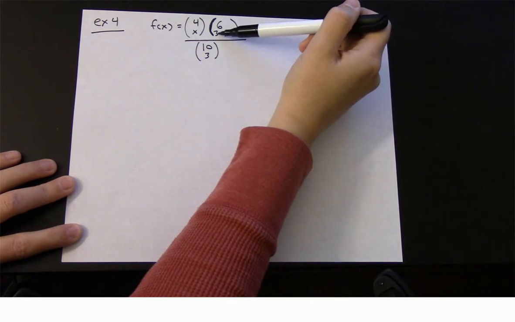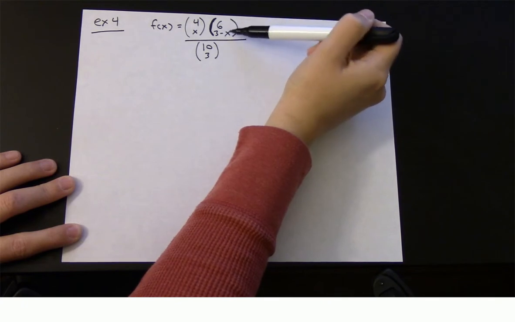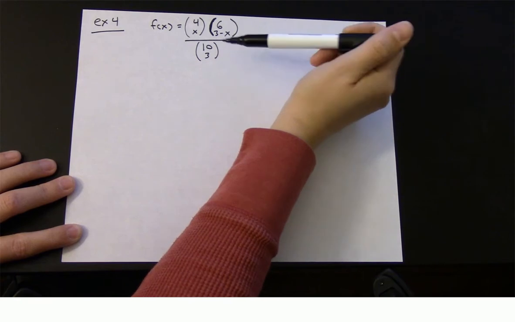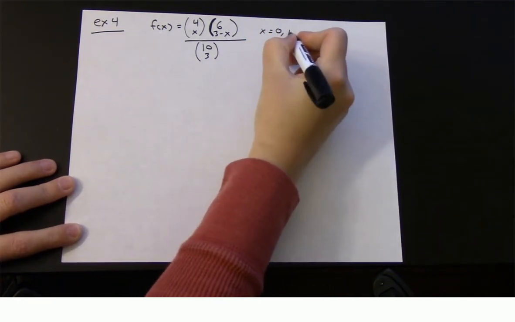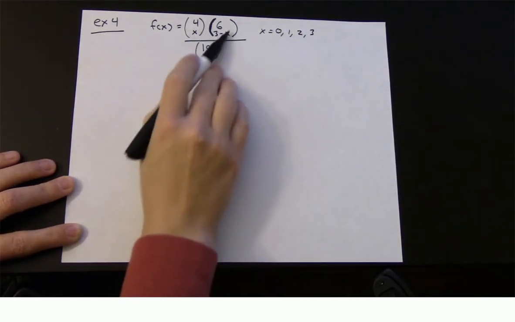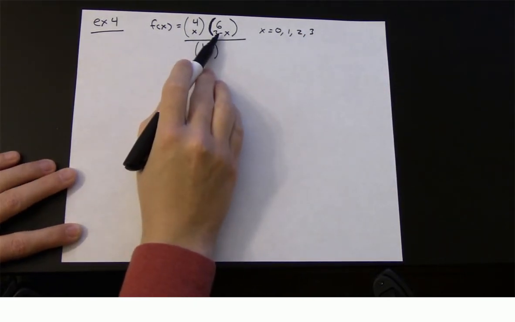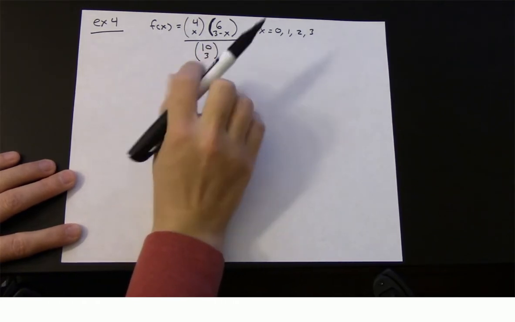But if we look here, 3 minus x, if you put 4 in for x, then you get 6 choose -1, and that's not okay. So X can only be 0, 1, 2, or 3, because of this combination here, we get limited by what x can be. So 0 through 3, so it's discrete.